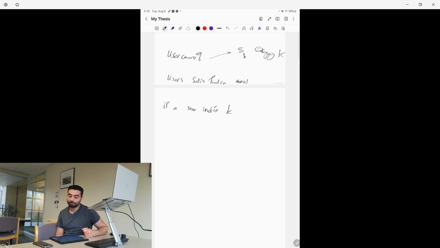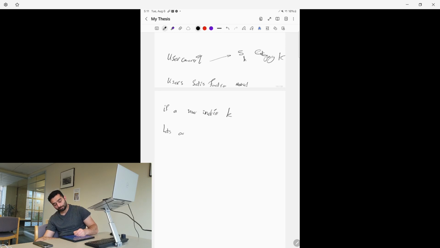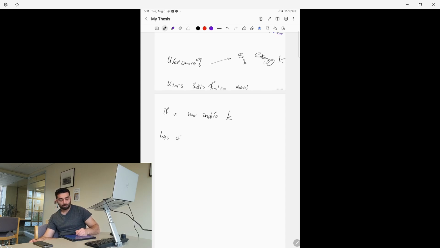So the user is from category K or type K. Let's compute the loss of a user with type K.